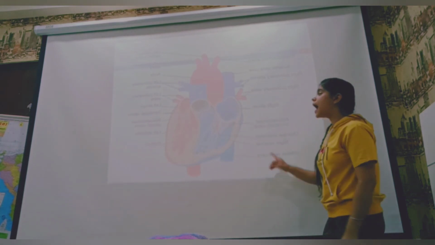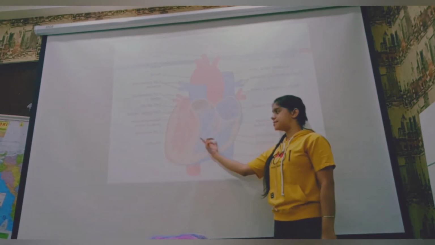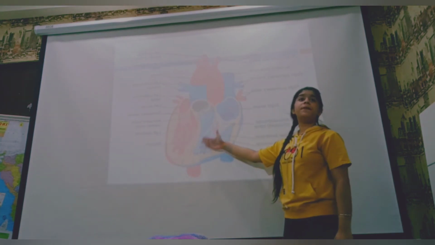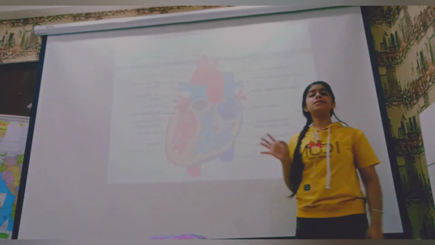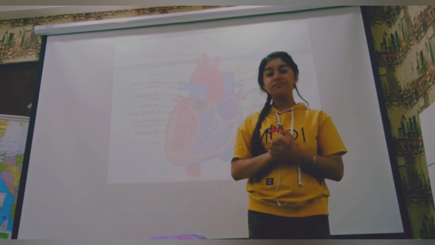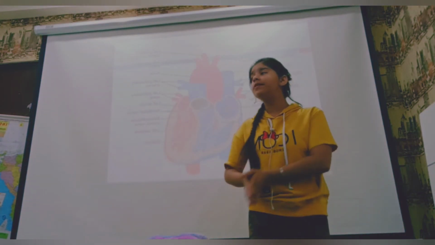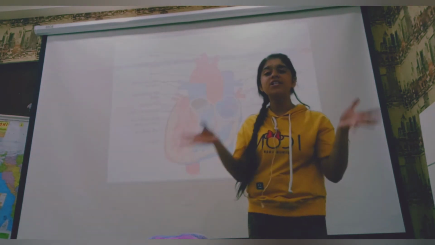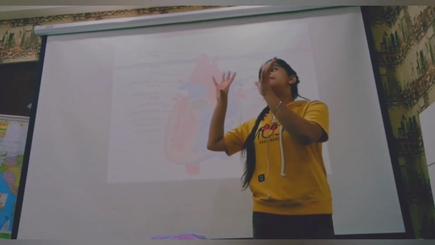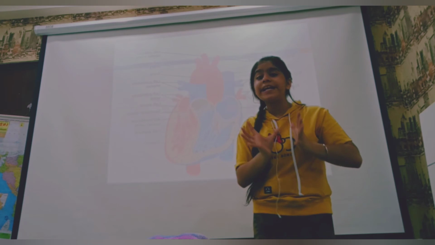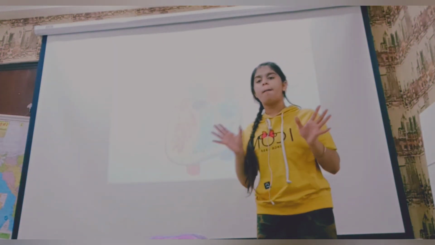My heart has two ventricles, and the septum separating them is my interventricular septum, and the septum which is separating the two atriums is known as the interatrial septum. Till here it's clear?